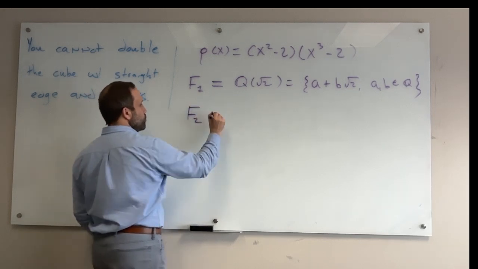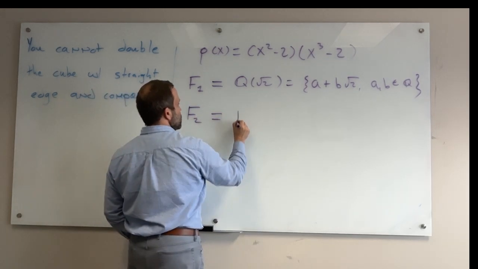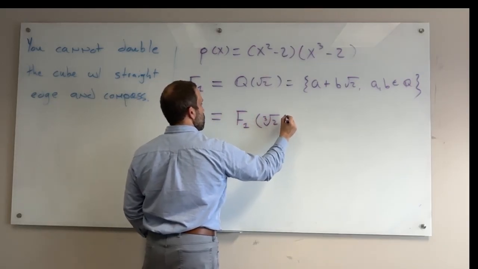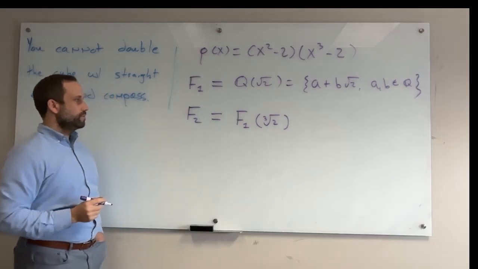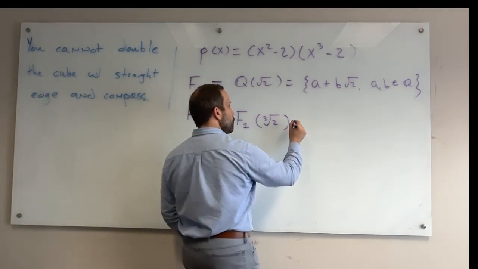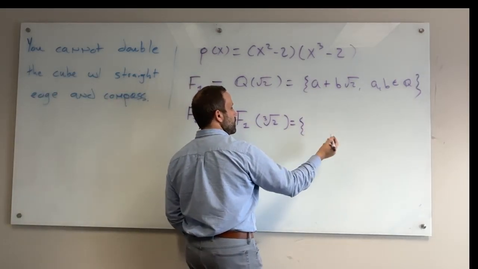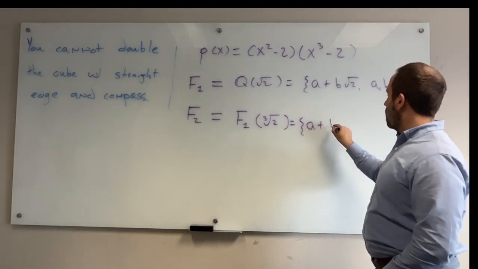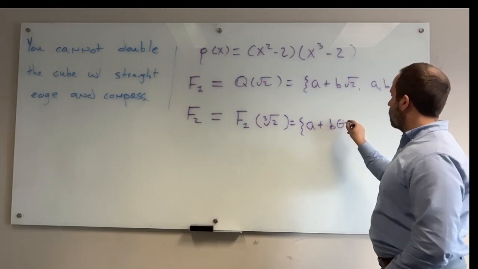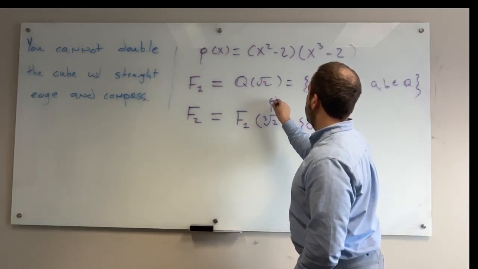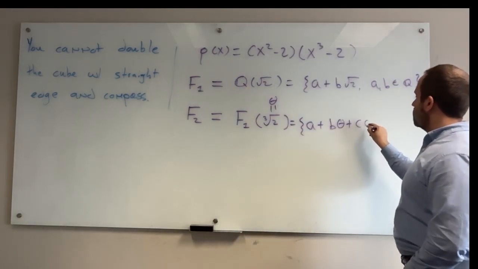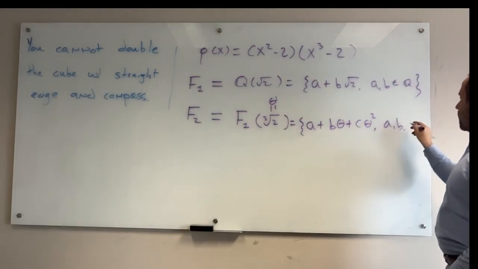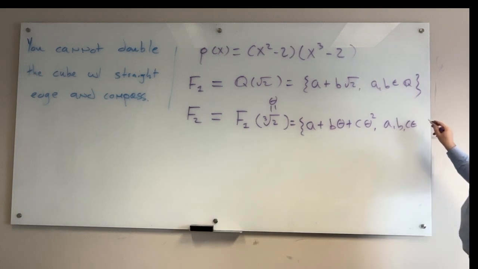So I'm going to say F2 is equal to F1, and I'm adjoining the third root of 2. Okay, and so for this to be a field, it's going to be of the form A plus B theta, I'm going to call this theta, plus C theta squared, where now A, B, and C are in F1.